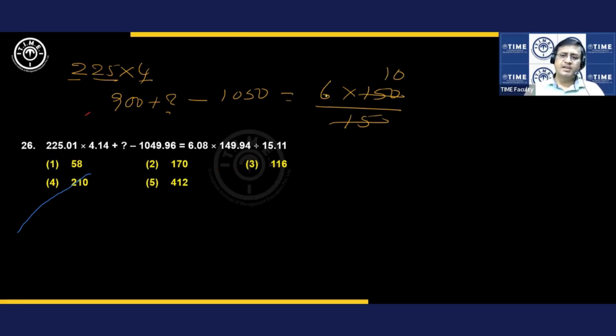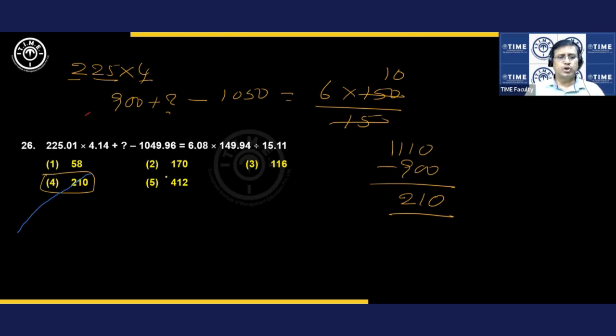Just observe the values. 6 into 10, 60. 60 plus 1050. 60 plus 50, 110. 110 plus 1000, that is 1110. When you take 900 other side, minus 900. Simplify this. That is 210. Choice 4.